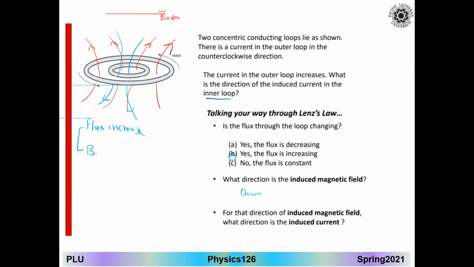Here is the B induced down, and for the induced current, in that case, with the right hand rule we will find that the direction will be clockwise. Okay, so even if the current does not go through the inner loop, it still produces an induced current in the inner loop.